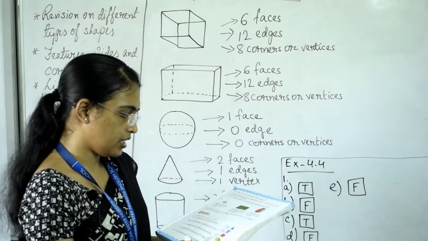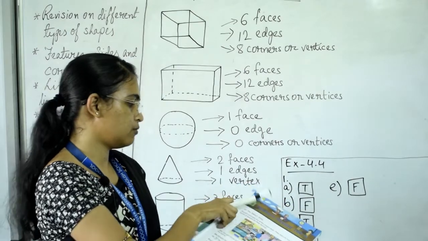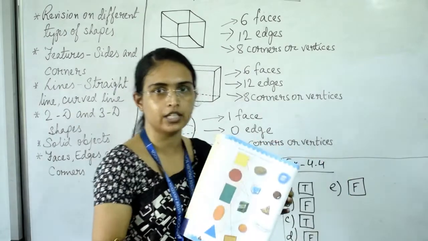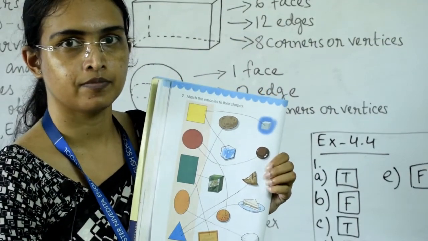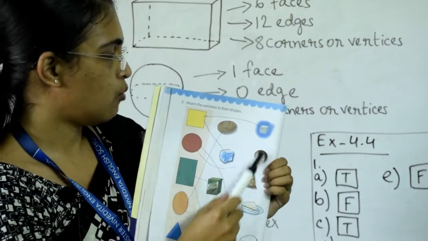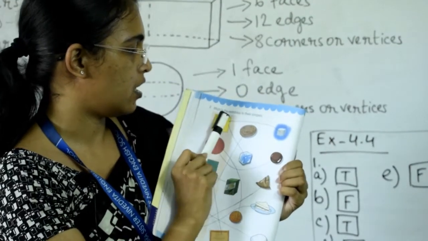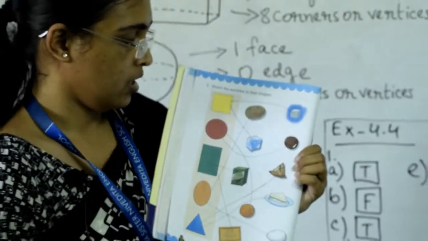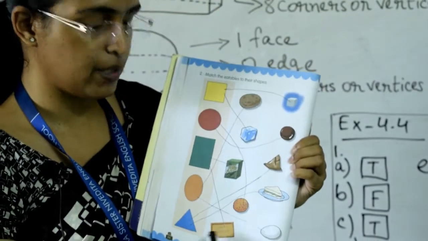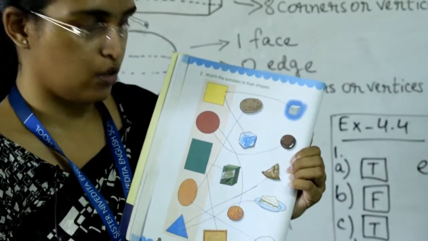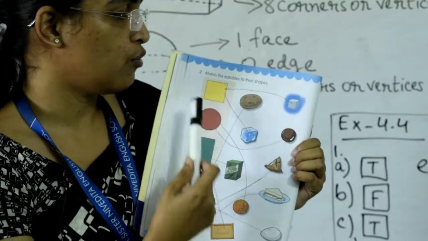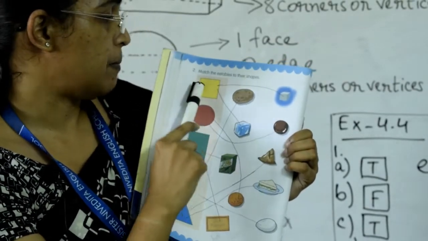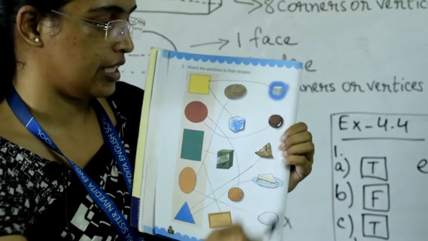Then after that, turn the page and come to next page. That is page number 46. In this page, here what you have to do, match the eatables to their shapes. Here are some eatable things, that means which we can eat, okay? And in this side there are some shapes, so we have to match these shapes with these eatable things.